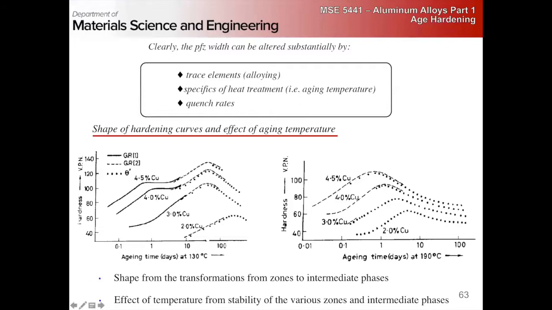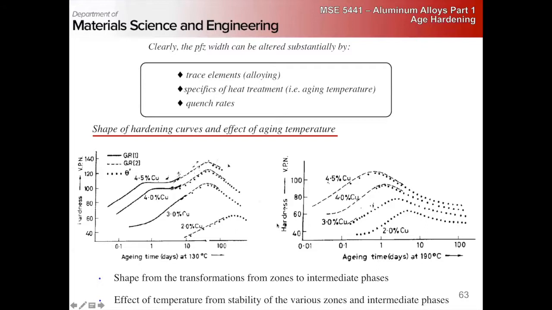And so essentially this is looking at that aging at 130 versus aging at 190 example that we showed before. And what we can see is that, maybe I'll add an additional question to ponder.